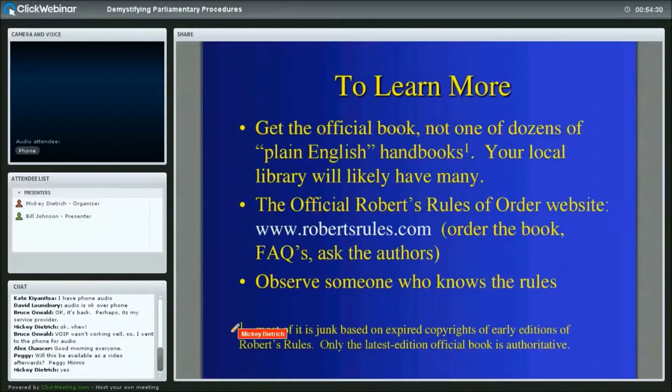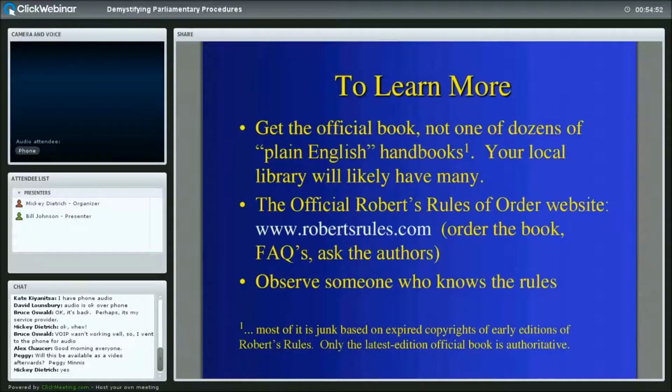But I think one of the best ways to learn is to observe someone who knows how to use the rules. You kind of learn by example, I think, is the best way to do it. And there's some fairly arcane things that rarely happen, that there's a lot of pages in the volumes of Robert's Rules on.